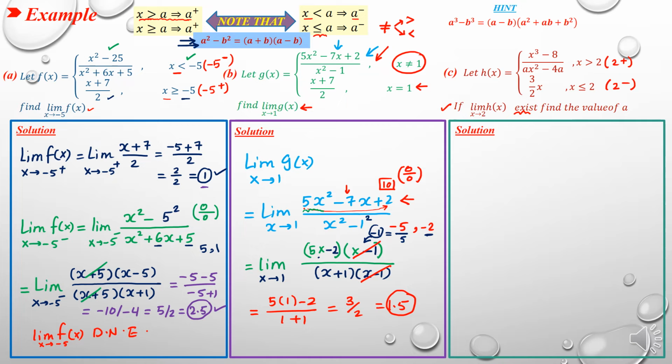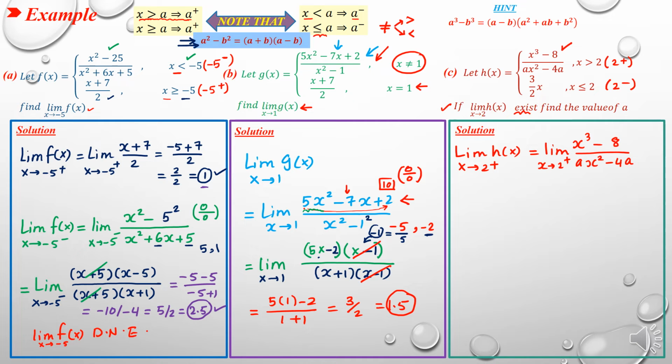So firstly, we will find the limit of h of x when x goes to 2 from right, and you have to use the function here. So we have the limit of x cubed minus 8 divided by ax squared minus 4a when x goes to 2 from right.